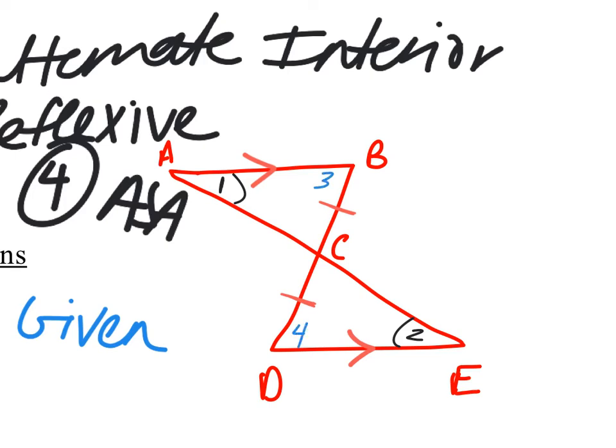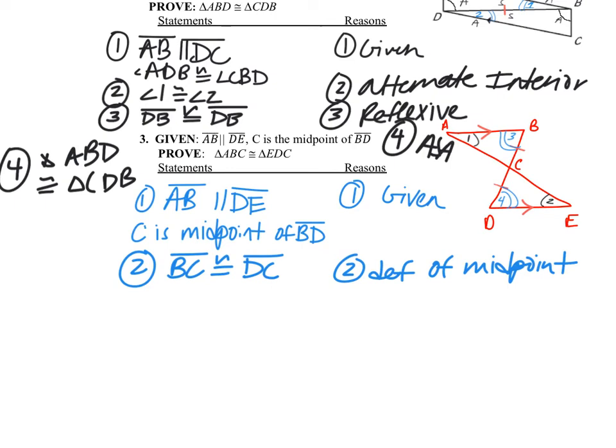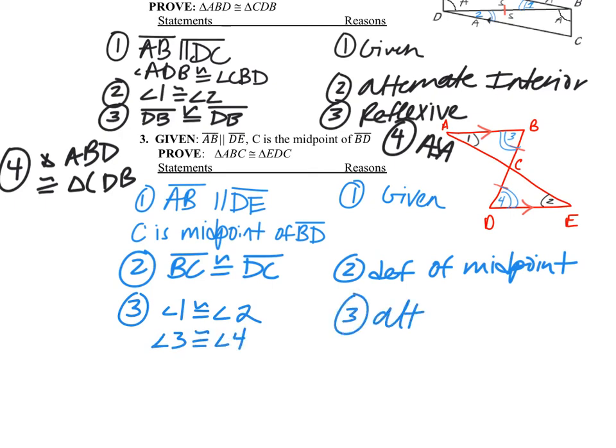You need to label them differently, like 3 and 4. And you can say that both sets are congruent to each other. 1 is congruent to 2, and 3 is congruent to 4. Angle 1 is congruent to angle 2. Angle 3 is congruent to angle 4. Both of those are because they are alternate interior angles.